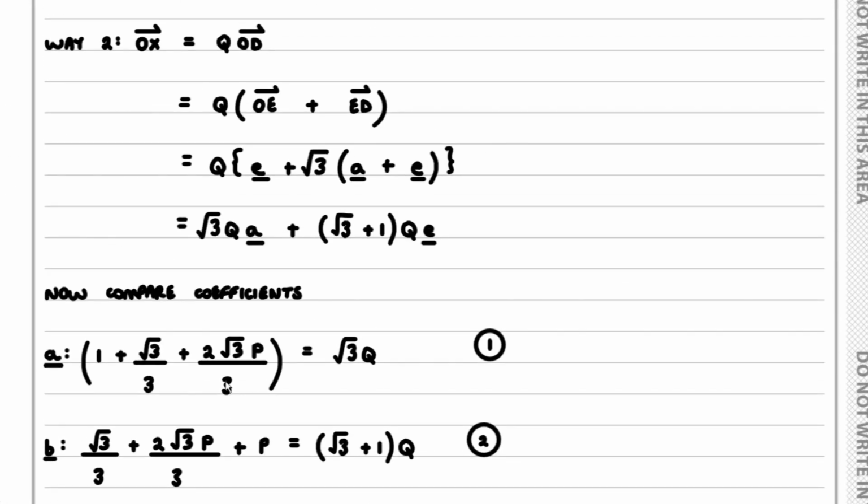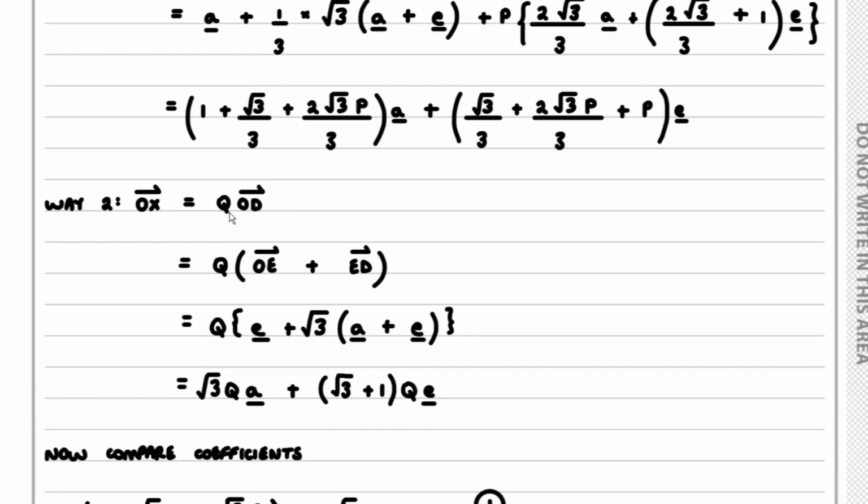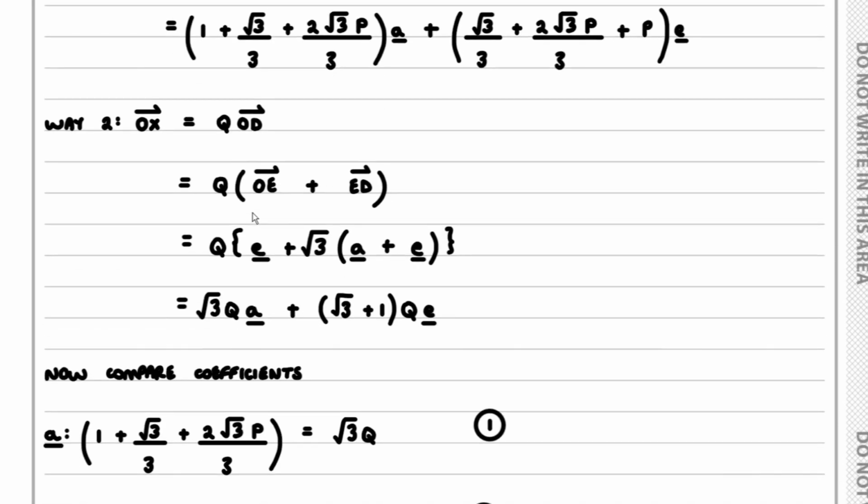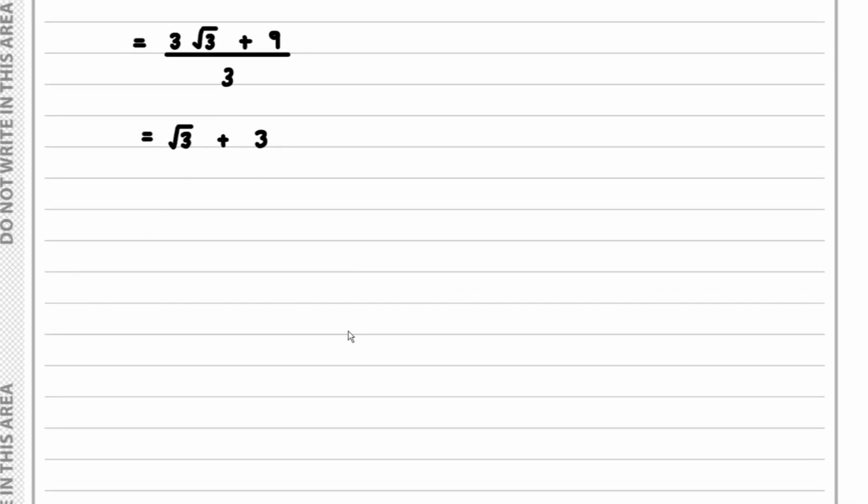And I know that the vector OX is equal to q times by OD. So that will also equal, from way 2, root 3 q a plus root 3 plus 1 q e. So I can replace the q with what I've just found here.